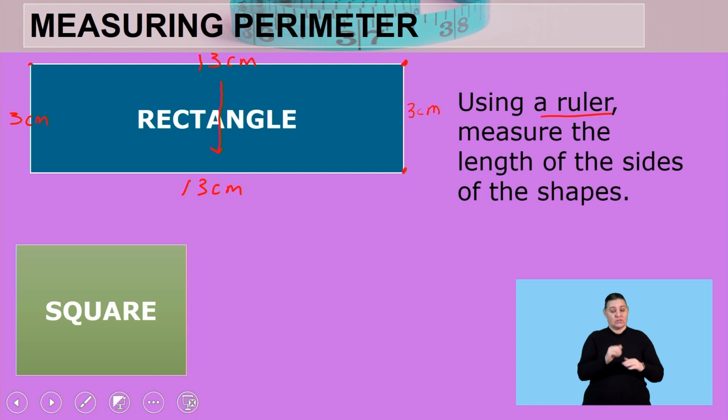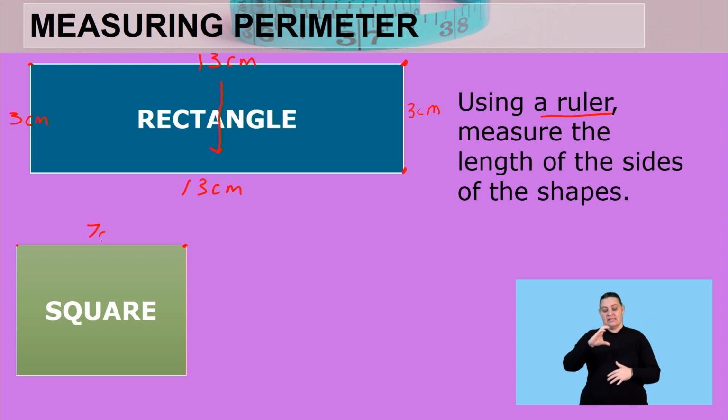The next shape is the square. Now, what's special about a square is all 4 sides are equal. So I've just basically got to measure one. The same principle. Start with the ruler at one corner and measure to the other corner. And when I did that, I got 7 centimeters. Being a square, all the other sides should also be 7.